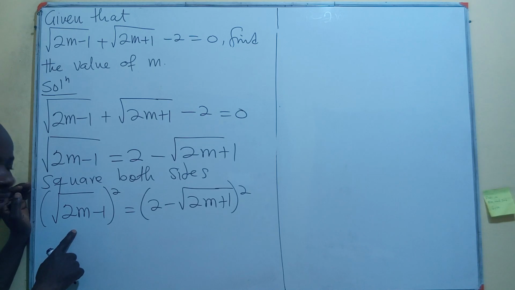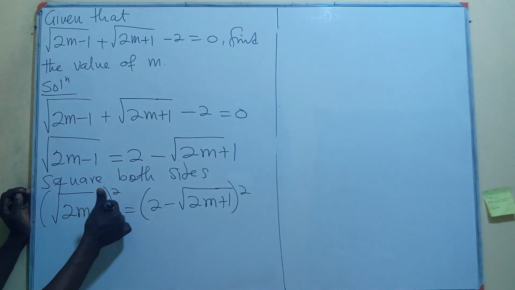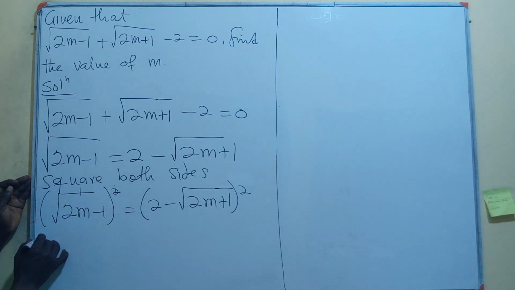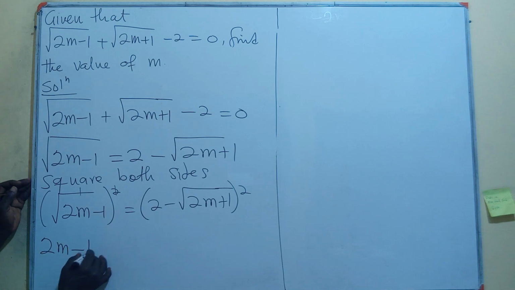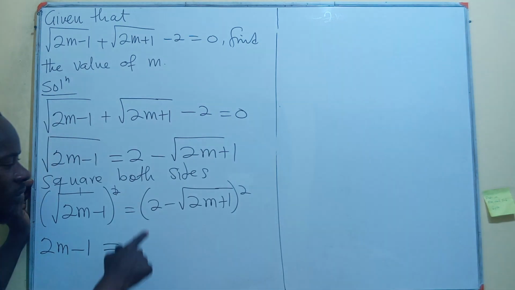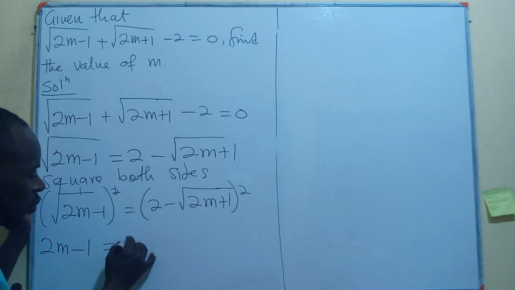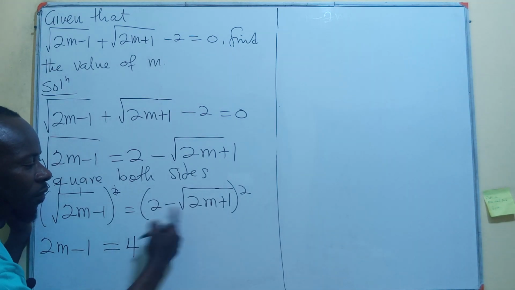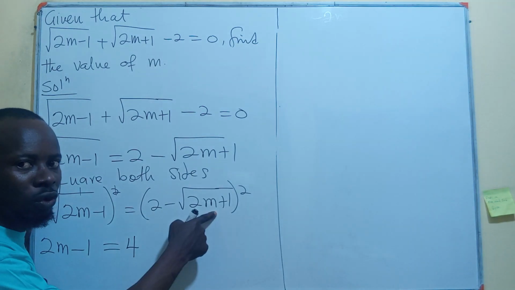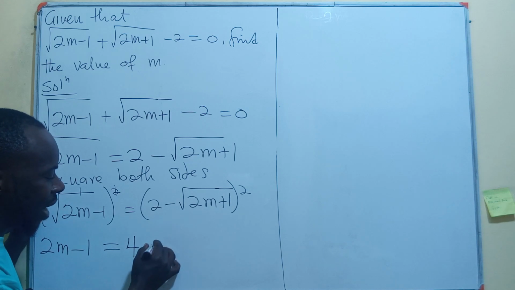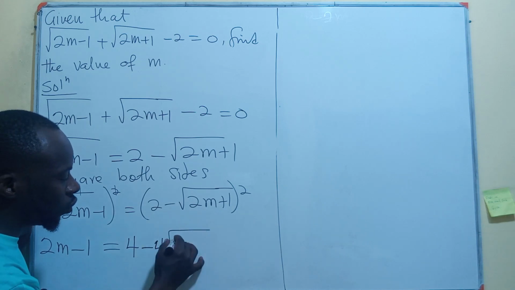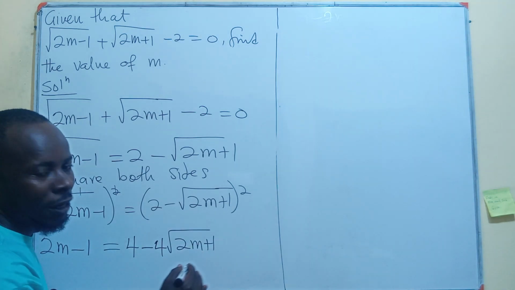Here, since this is only one term squaring, the square cancels the square root, giving rise to 2m minus 1 equals 2. If you square the first, you get 4. The product of this, meaning 2 times the root, twice of that, will give you minus 4 times the root of 2m plus 1.